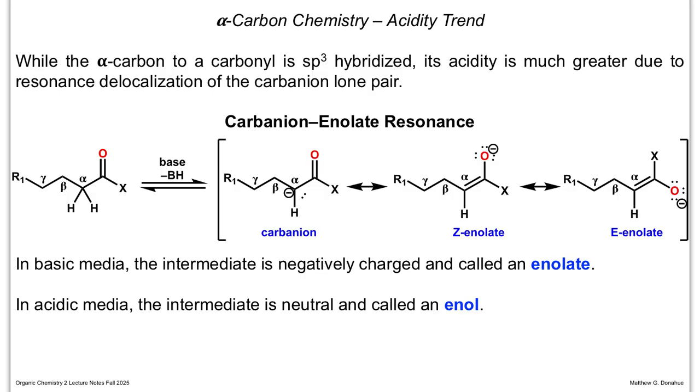If it's a ketone, there's going to be more. So if we show the base deprotonating the alpha carbon, that generates that carbanion. We delocalize the lone pair onto oxygen.